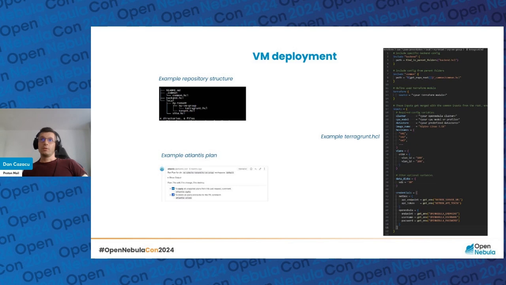Okay, so after you have written your Terragrunt ACL file, you'll push your merge request. You'll see Atlantis plan running, either automatically or manually, depending on how you configure it. And then you'll have to seek approval.